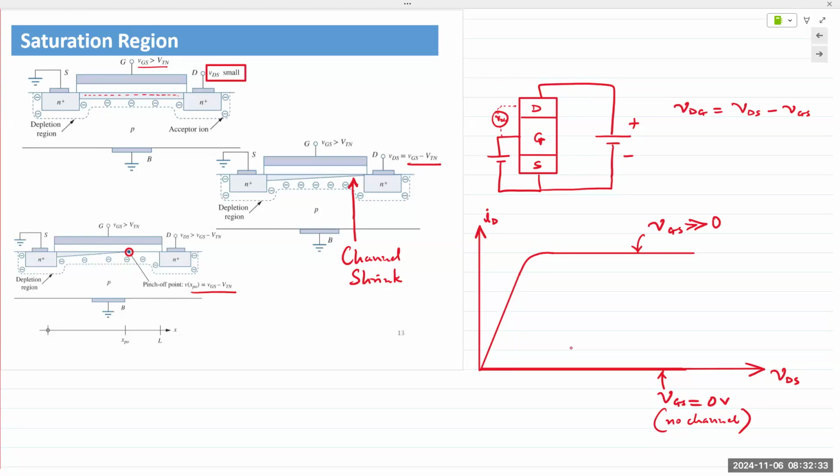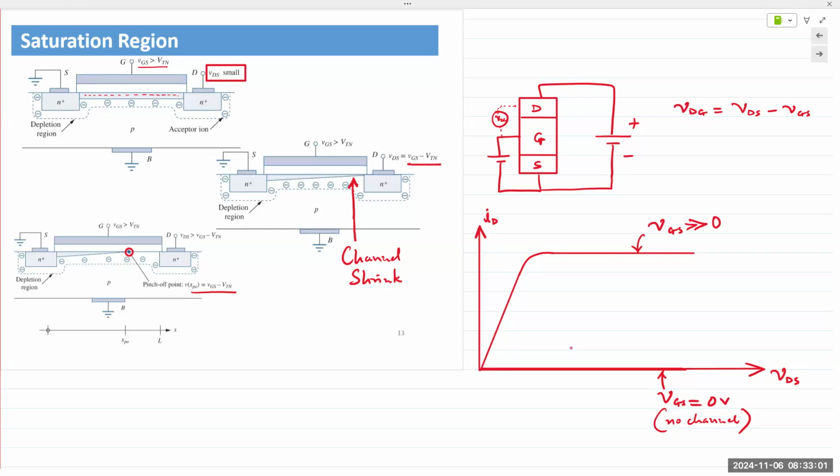And VDG depends on the applied VGS and the applied VDS. So as VDS increases, the voltage between the drain and the gate is changed. And that depletes the carriers from the channel, and because that depletes the carriers from the channel, it pinches off.